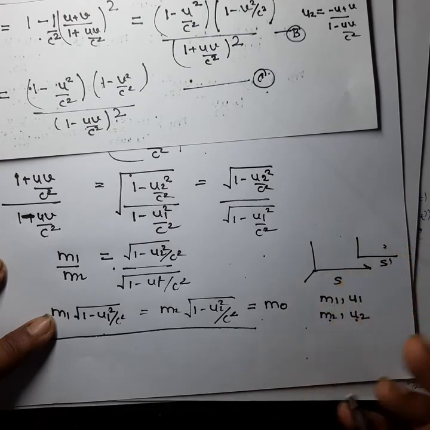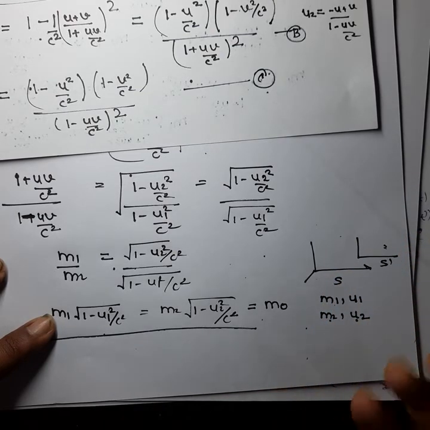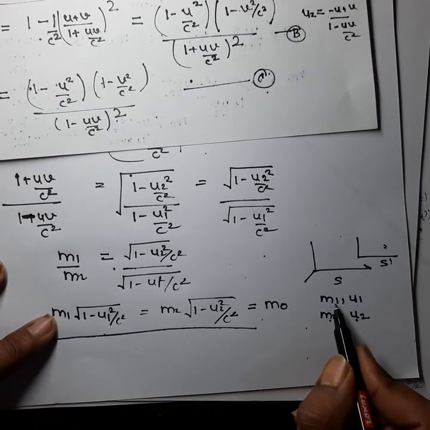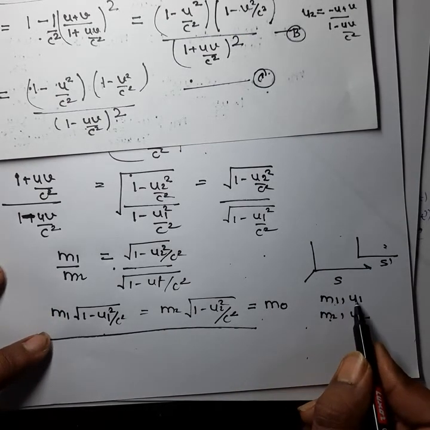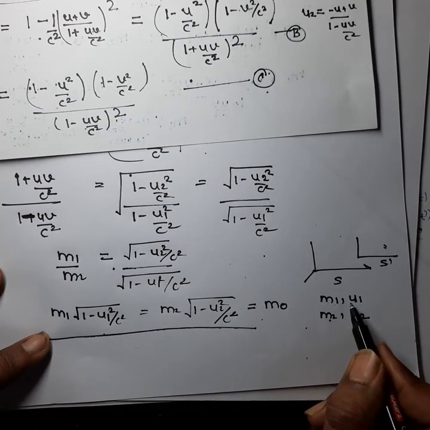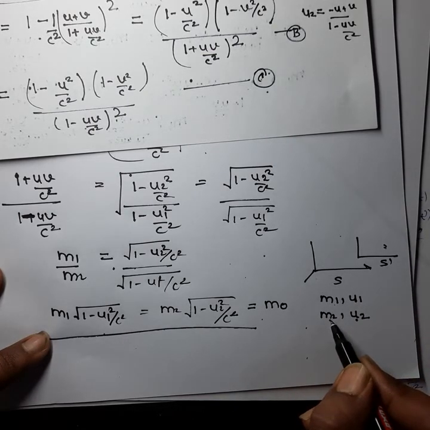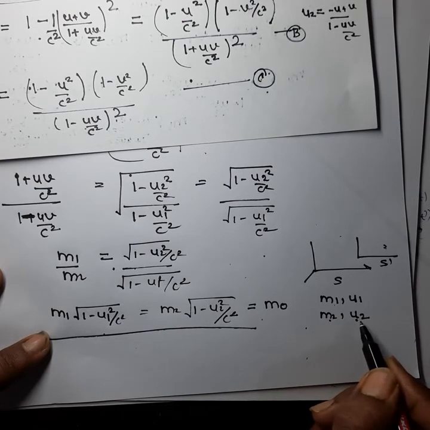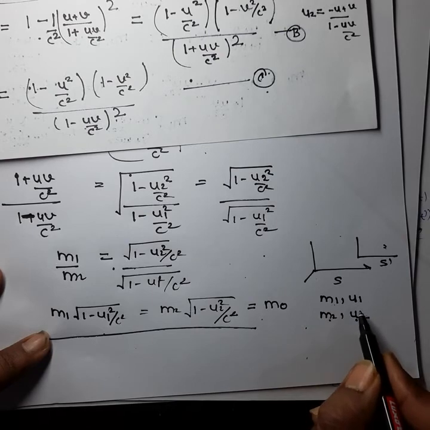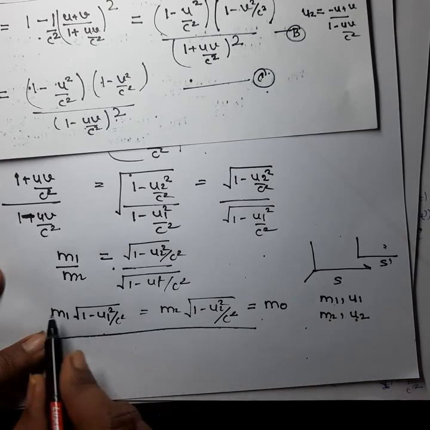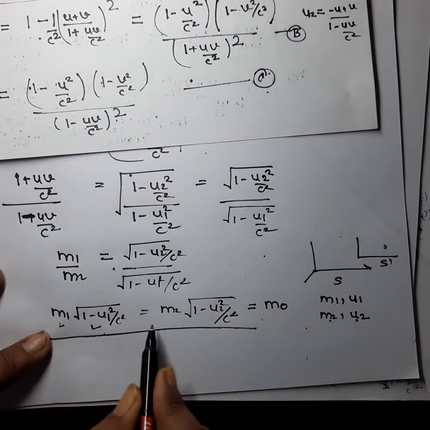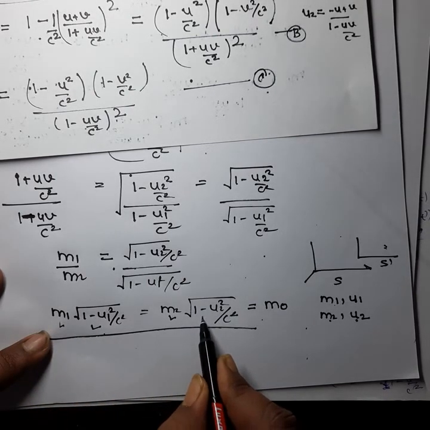The only different thing was they were moving in opposite direction. So these two masses are moving with different velocities, but the multiplication of m1 with this term is constant, and m2 with this term is constant.